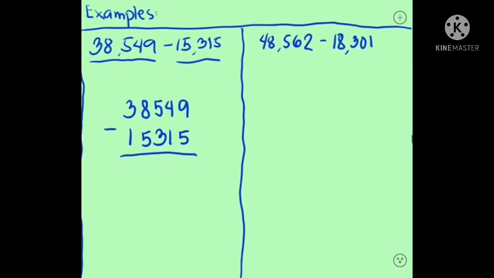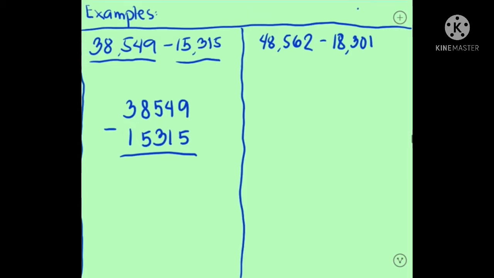Okay. Then, our first step is we need to identify if all the digits here in our minuend are greater than the digits in our subtrahend. Okay? So we have here 9, 5, okay, 4, 1, okay, 5, 3, okay, 8, 5, okay, 3, 1, okay. So all of these digits in the upper part are greater than the lower part. That means we can use subtraction of numbers without regrouping.